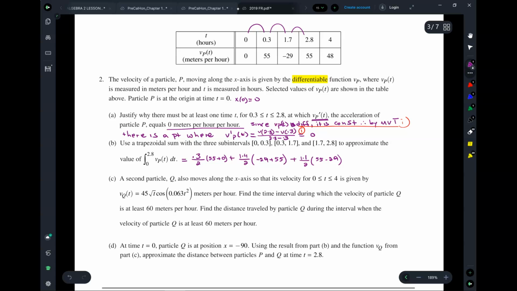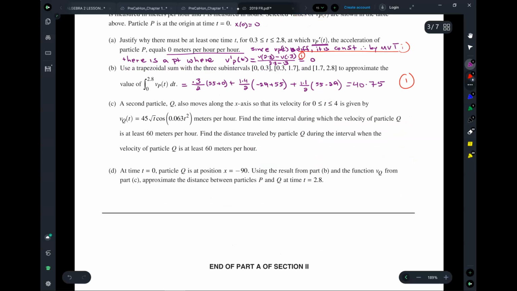And that's 40.75. And this whole thing is just 1 point. So basically you have to do it correctly and get the correct answer. If you do this correctly but get the incorrect answer, it's wrong.